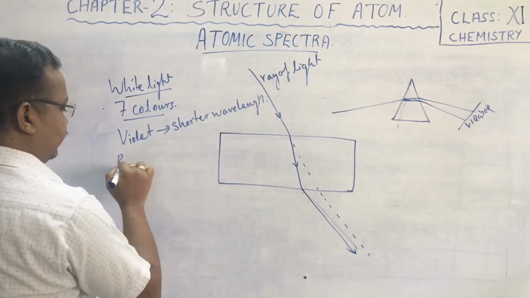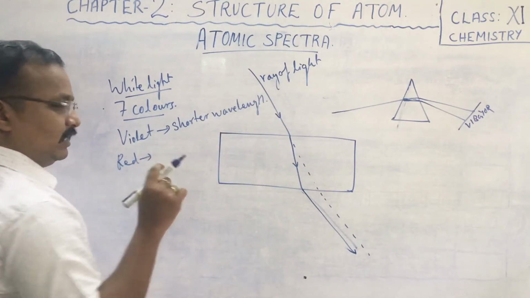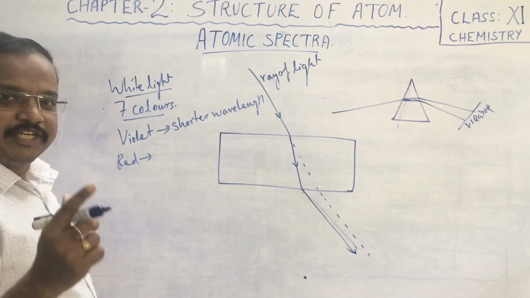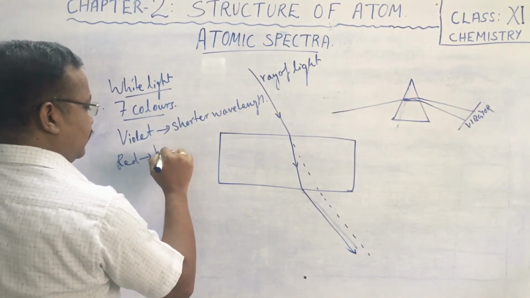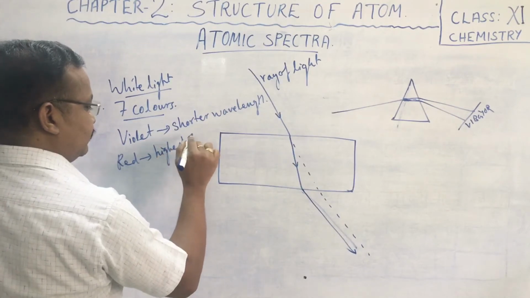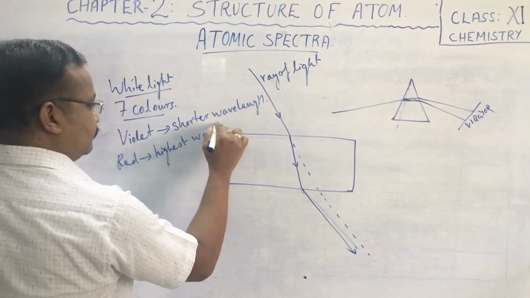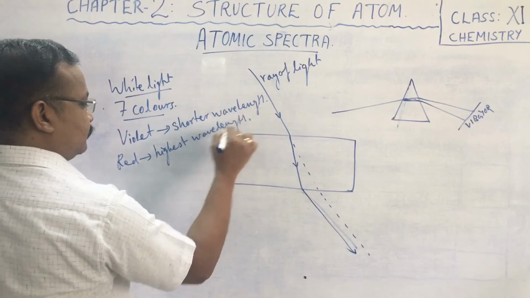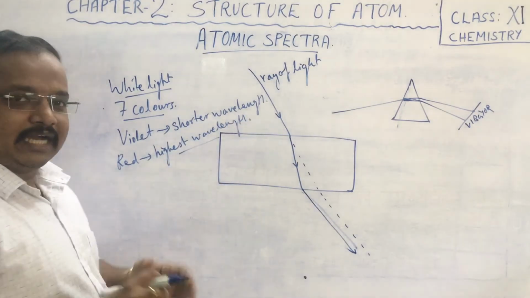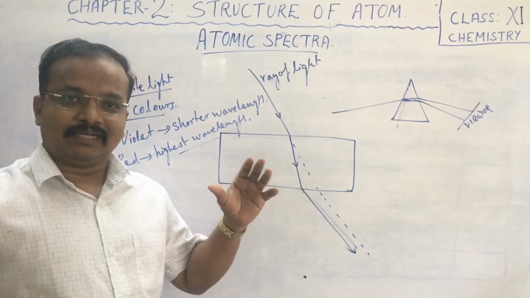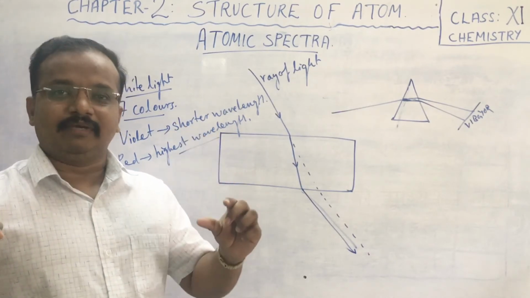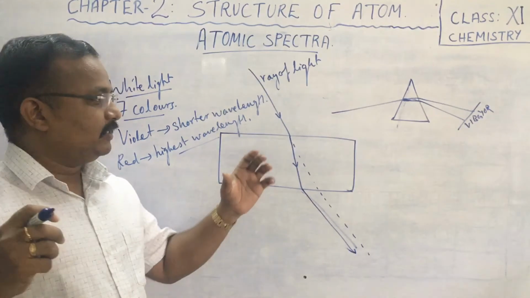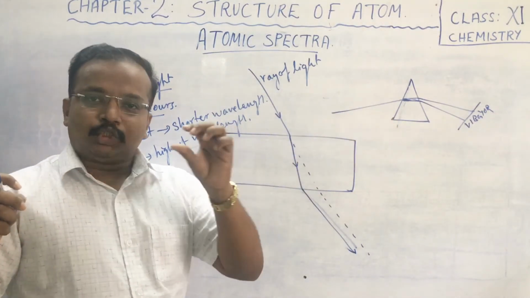And red will have the least deviation because red has the highest wavelength. The light with the highest wavelength will get a small deviation, or a little bit of bending only will take place, but the light with the shorter wavelength bends more.